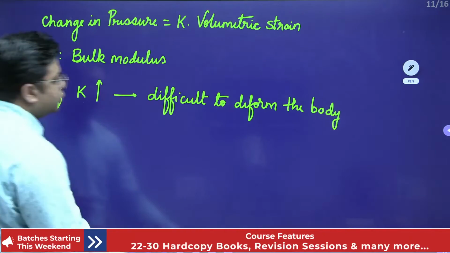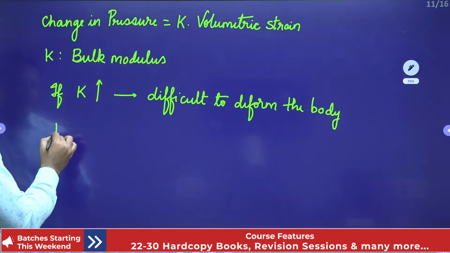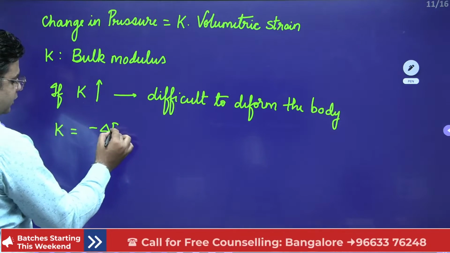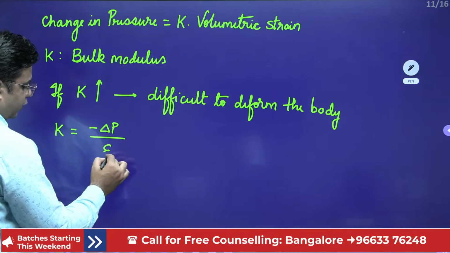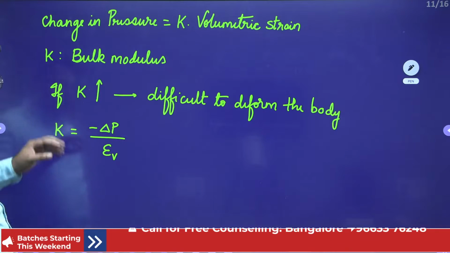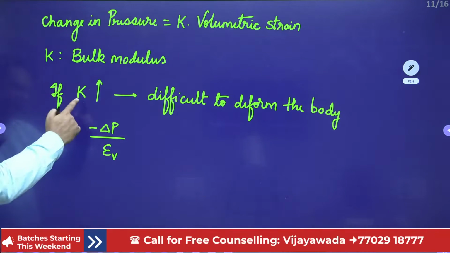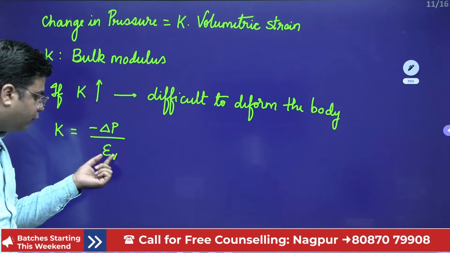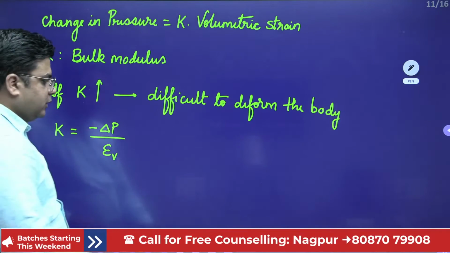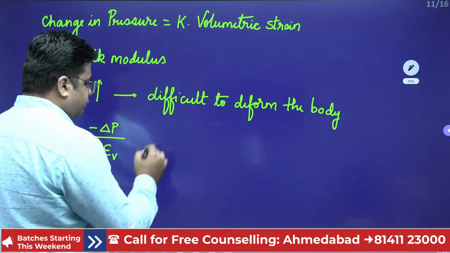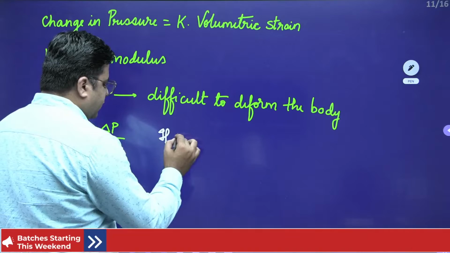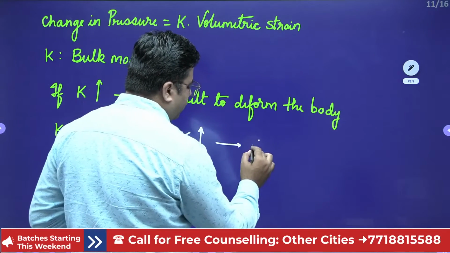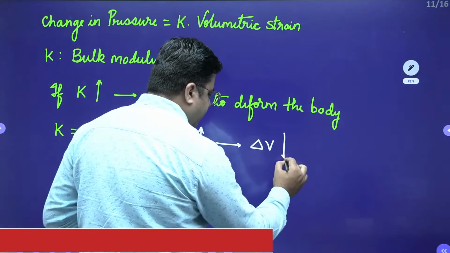Also, you can see from this relation, your K is equal to minus change in pressure divided by your volumetric strain. So if K is more, it will be more difficult to deform the body, hence your volumetric strain will be less. So if K is more, then your volume change will be less.